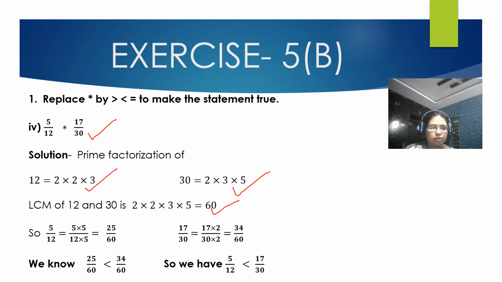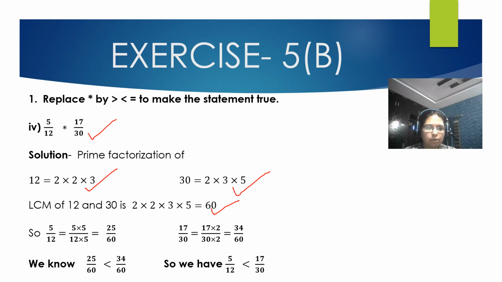Now we have to convert this fraction 5 divided by 12 to an equivalent fraction, equating the denominator, that is the LCM of 12 and 30, that is 60. So we have to multiply the denominator 12 with 5, we get 60. So we have to multiply the number 5 with both numerator and denominator of 5 divided by 12.